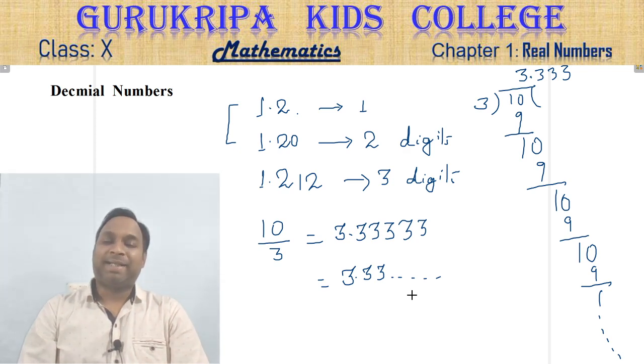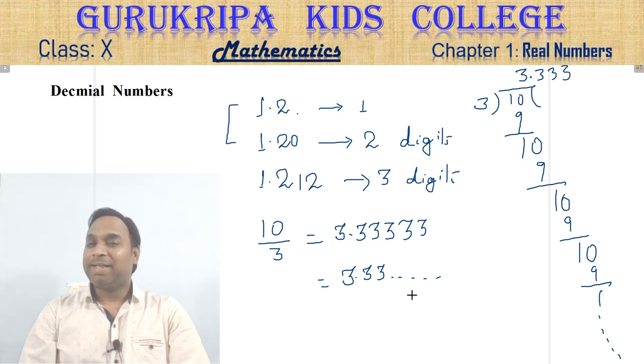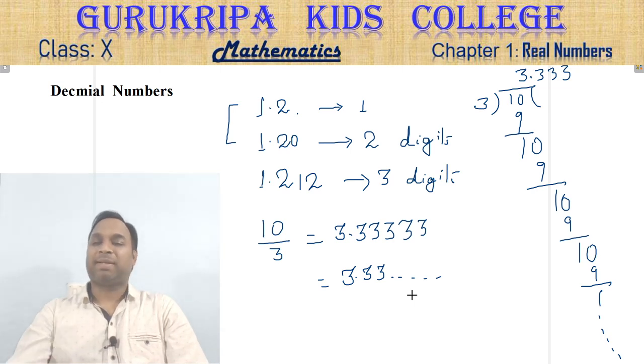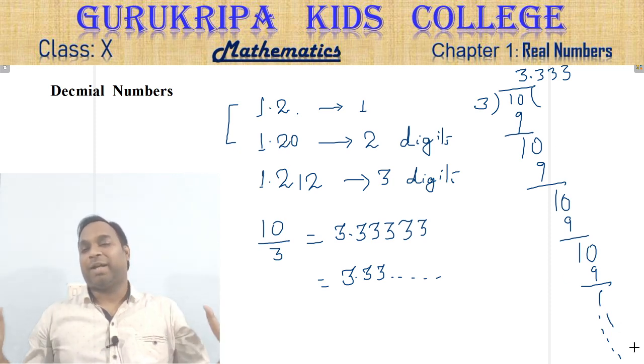So how many digits are there after the decimal place now? Infinite number of digits. Because you will have to stop it. The division will go on. It will go on forever. Somewhere you will have to say, okay, I don't want to divide now.